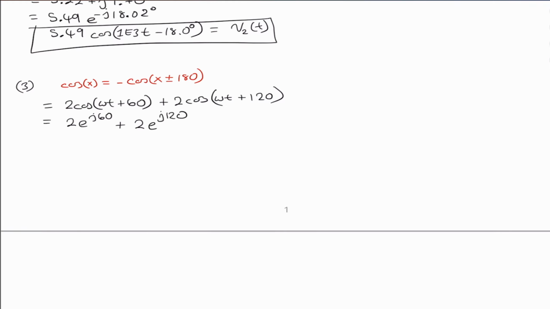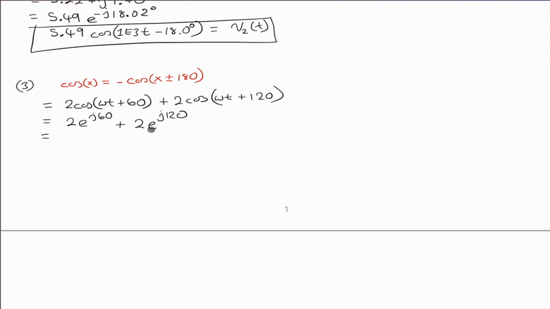We then go ahead from there and go into rectangular form by using Euler's identity. And as always, we know what we're going to get when we use Euler's identity to convert to rectangular form.